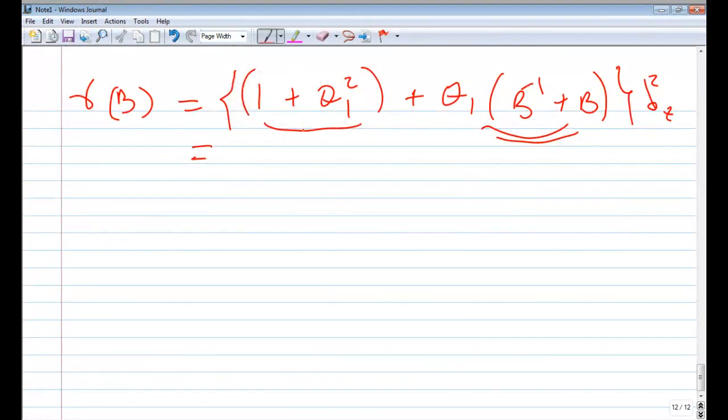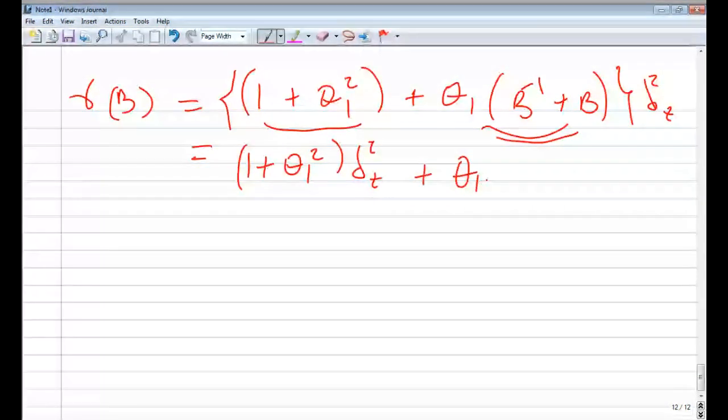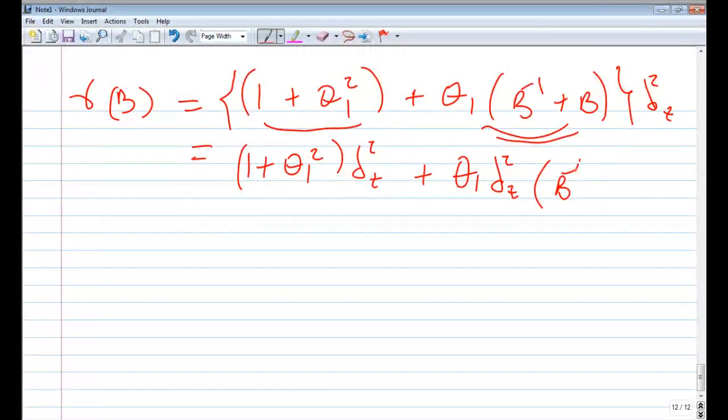So this is equal to 1 plus theta 1 squared, then you multiply by sigma squared Z. You get 1 plus theta 1 squared, sigma squared Z, plus theta 1 times sigma squared Z multiplied by B inverse, sorry, B inverse plus B. You follow? So now you're done.